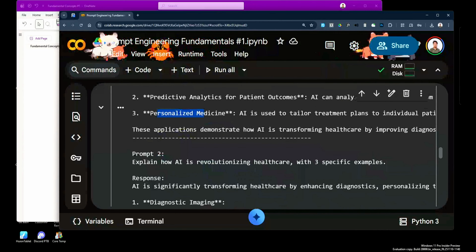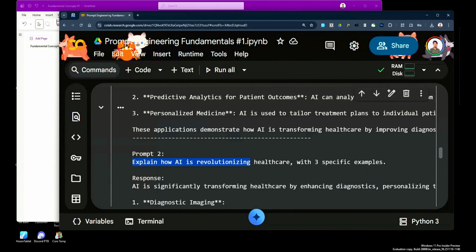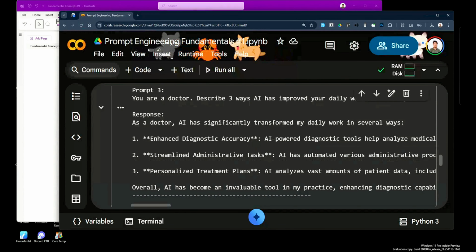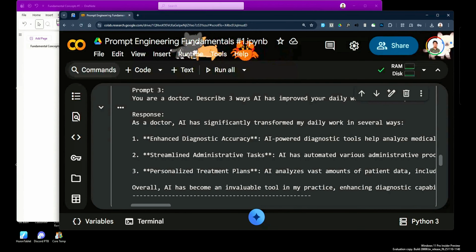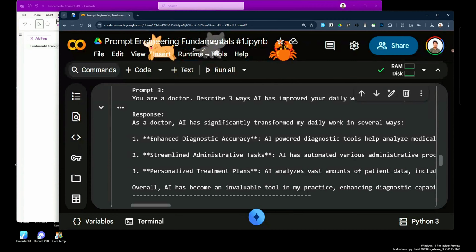But when I asked to explain how AI is revolutionizing healthcare with three specific examples, it gave me a much more detailed answer. Although the topics, the three bullet points, are the same, I got a much more explained thing.